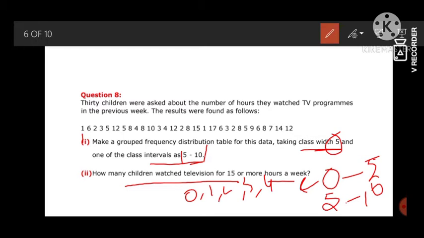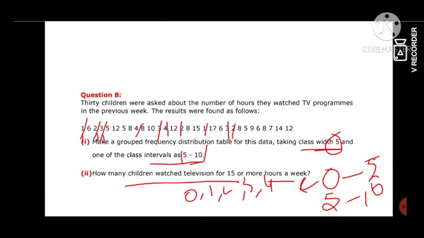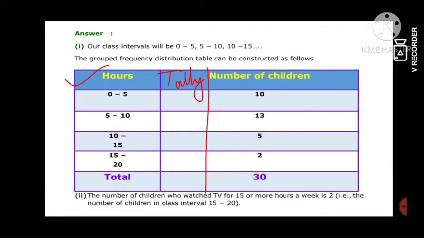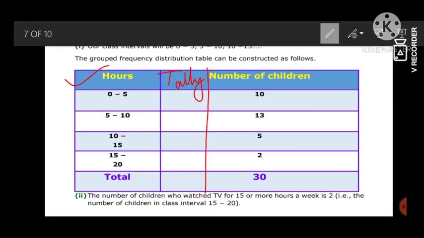So here is 1, 2, 3, 4, 5, 6, 7, 8, 9, 10 and there is no more. So there are 10. The number of children is 10 and the tally will be 4 vertical lines and 1 diagonal, another 4 vertical lines and 1 diagonal.